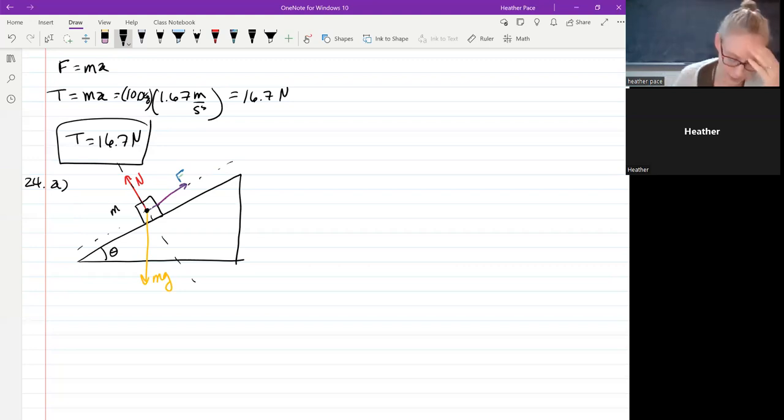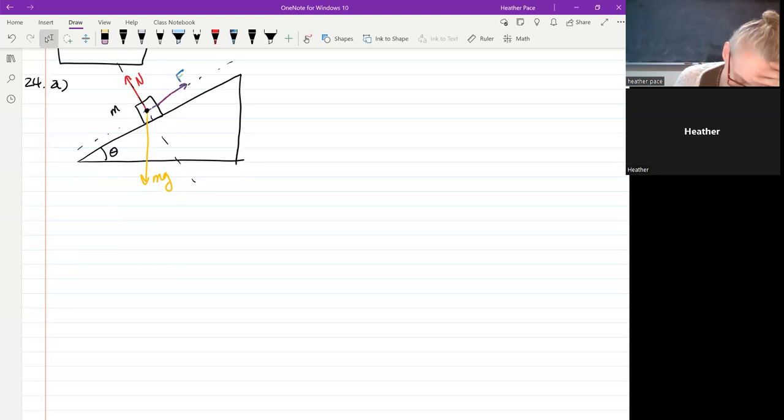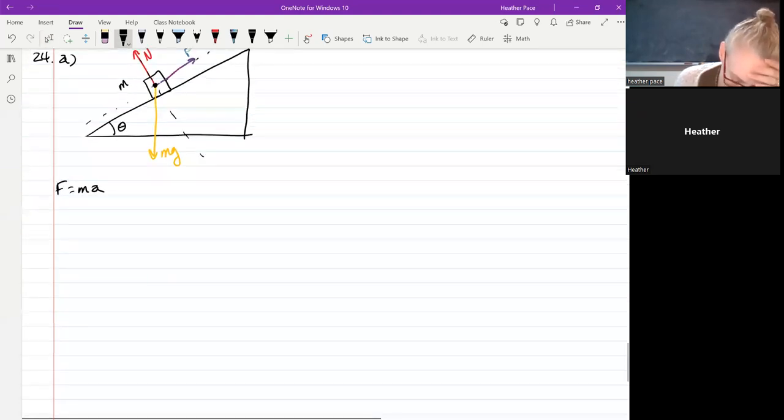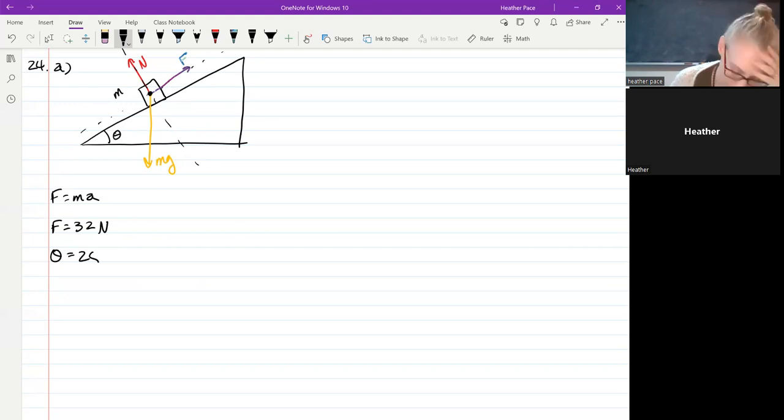That's our x. Okay, so we know, of course, F equals ma. The force we're given in the positive x direction is 32. We're given theta is 25, and we're given our mass as 5.8 kilograms.